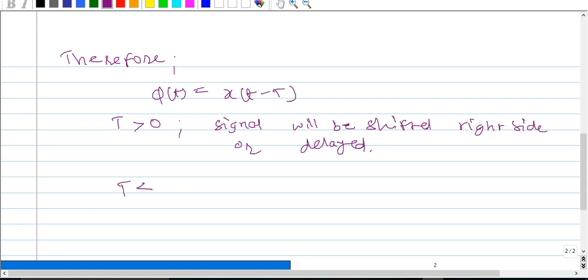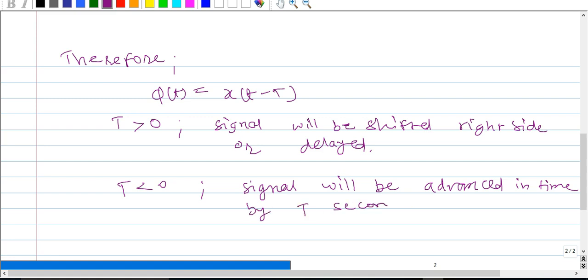And if t naught is less than 0, then the signal will be advanced in time by t naught seconds, which is a left shift. Time advance is left shift.